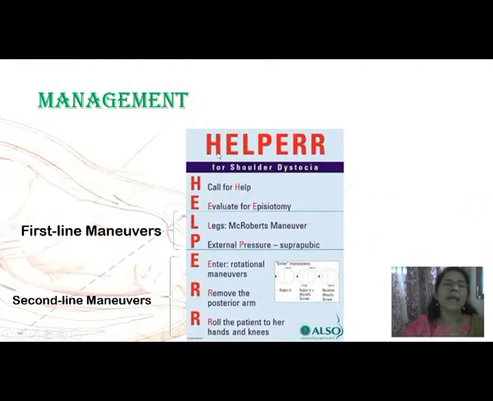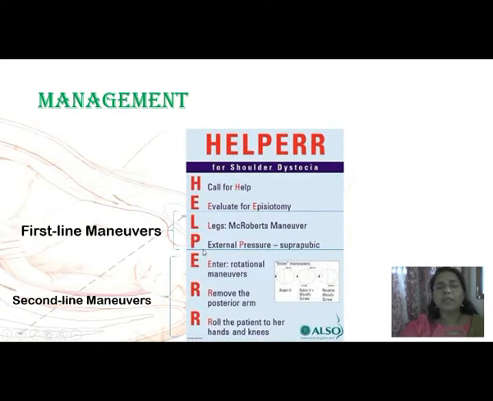Next is the management. What management should be done? The management can be shortened under a small heading, the HELPER mnemonic. H means call for help, E means evaluate for episiotomy, L means legs, that is the McRoberts maneuver, which can be seen in detail later on.